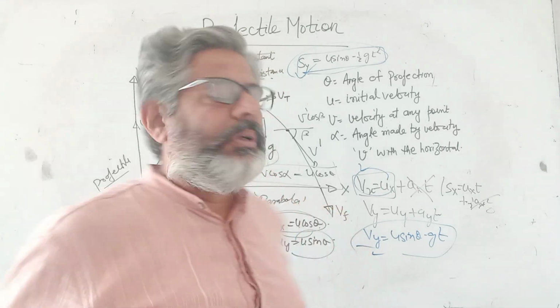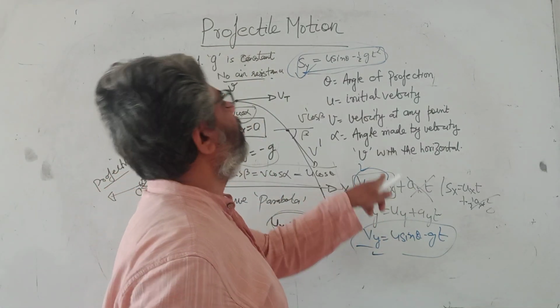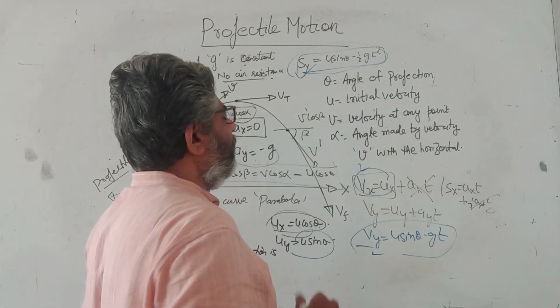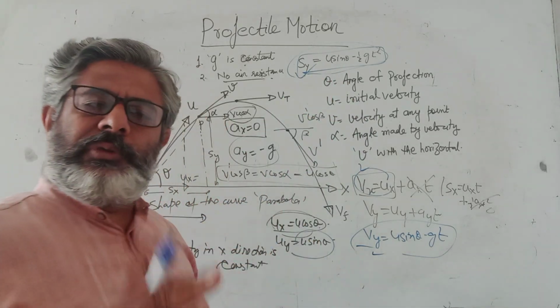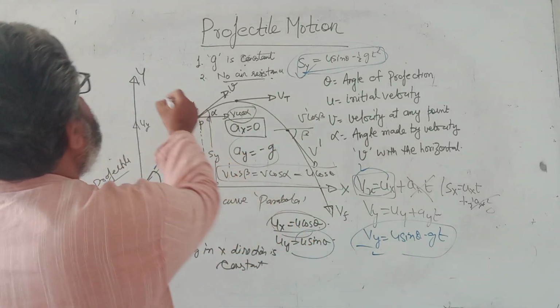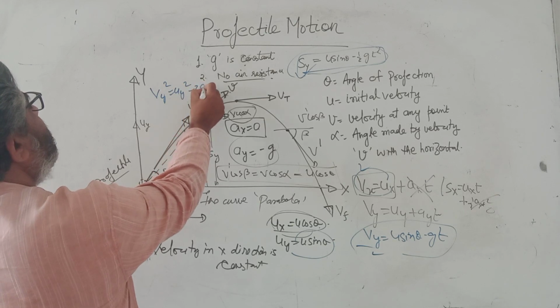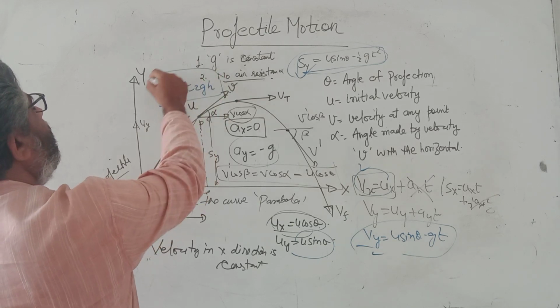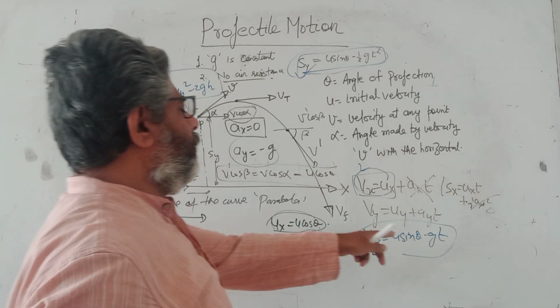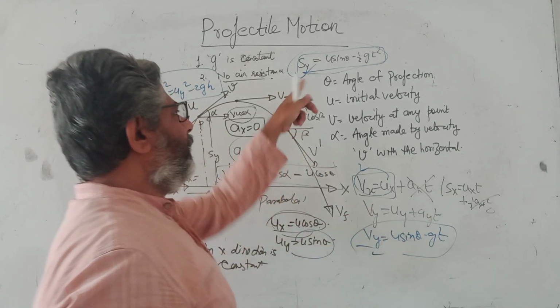Like if you follow just this equation, vx equals ux, and this. And one more, the third equation of motion also we can write apart from these two. And that will give me vy square equals uy square minus 2gy. This is the third one. So s is equal to ut plus half at square, v is equal to u plus at.